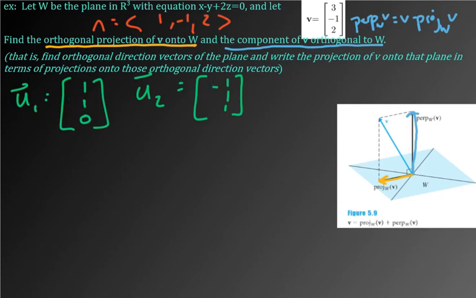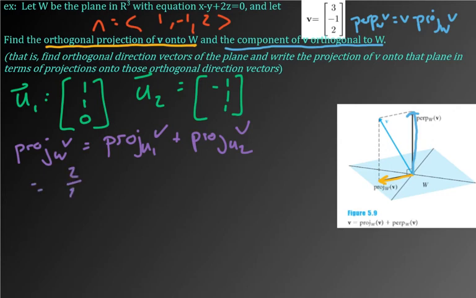And so now I have U1 and U2, and to do the projection of V onto the subspace W, it's really just the sum of two projections. It's the projection of V onto U1 plus the projection of V onto U2. If I do those out, I'm not going to go through all this calculation.